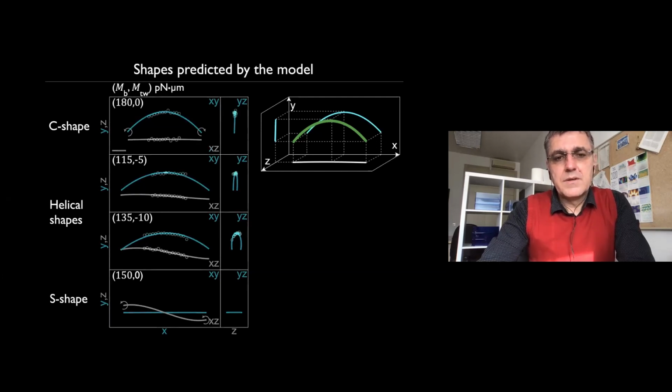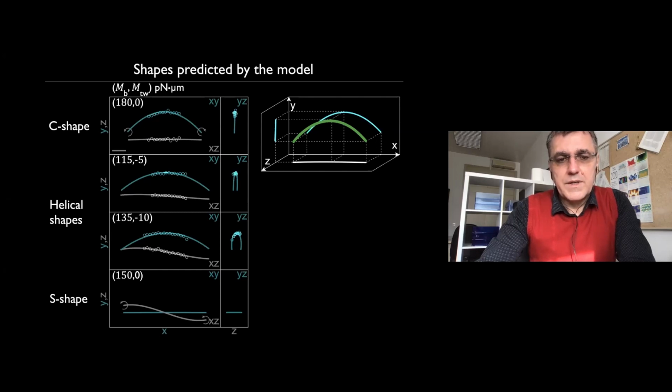And indeed, these shapes are in agreement with the observed shapes. All shapes in the cell can now be explained with this general theory, where I didn't need to introduce what I have shown at the beginning of my talk, meaning this counterclockwise bending moment.